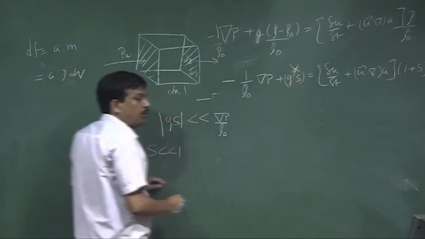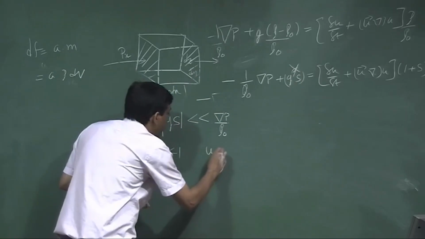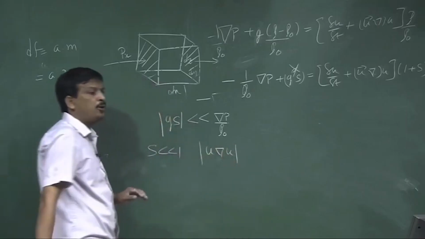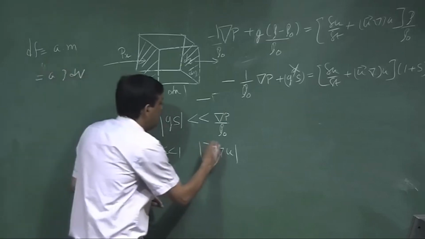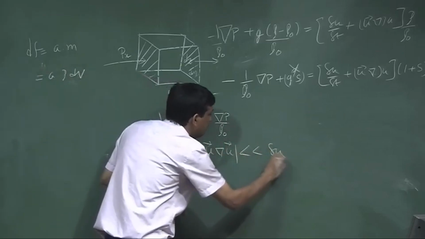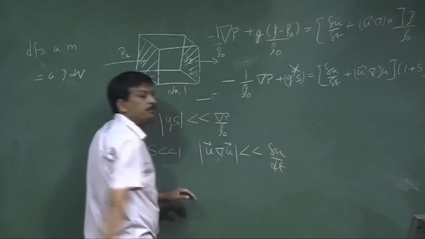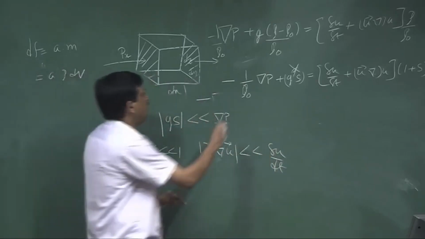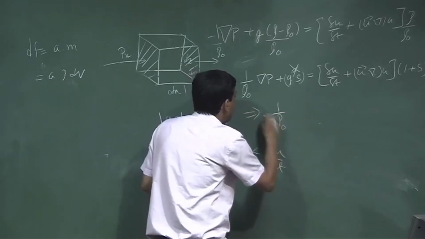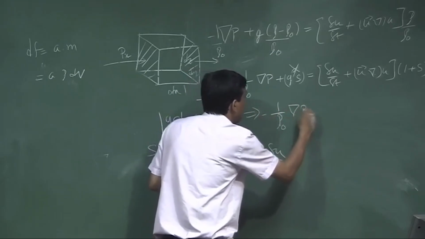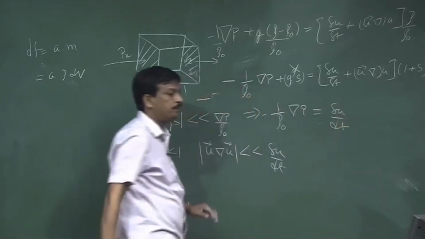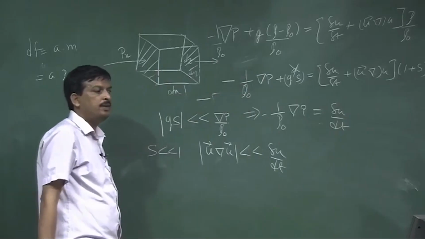Similarly, if I consider the amplitude of this vector, its amplitude is much less than this term. Then I consider this term is nothing but 1 by ρ0, minus, into the divergence of P, is equal to nothing but ∂U/∂T.